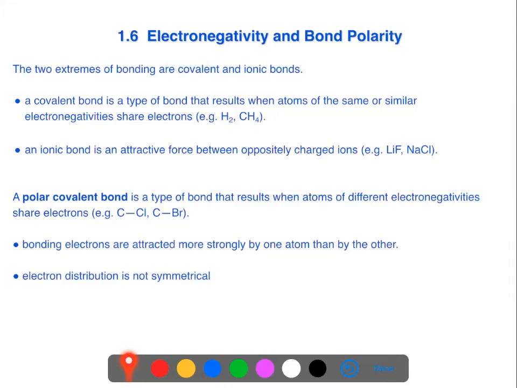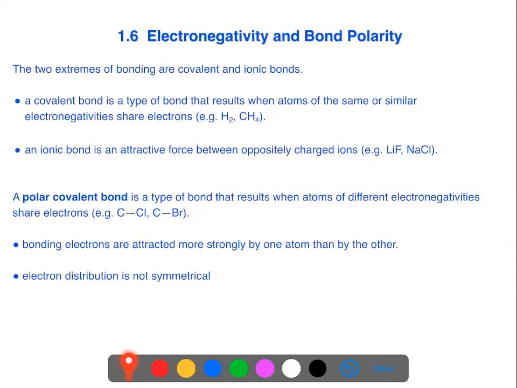For diatomics like H2 and Cl2, because electronegativities are identical for each of those atoms, hydrogens or chlorines in those two examples, they're going to be really apolar or nonpolar systems.